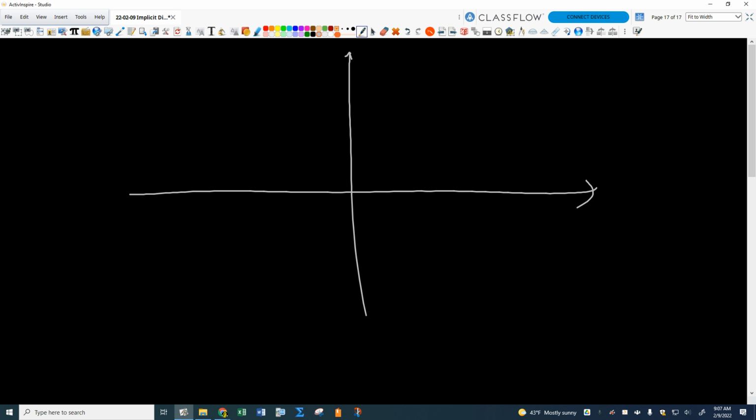Swap the x's and the y's. Okay, what kind of symmetry is there? Do you remember? Not the origin.